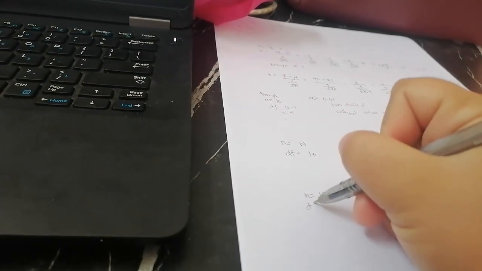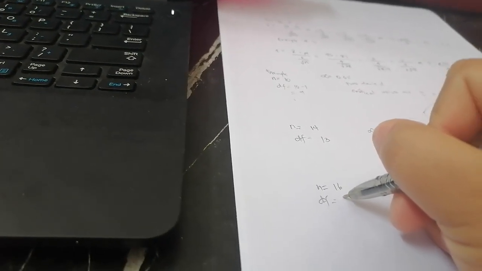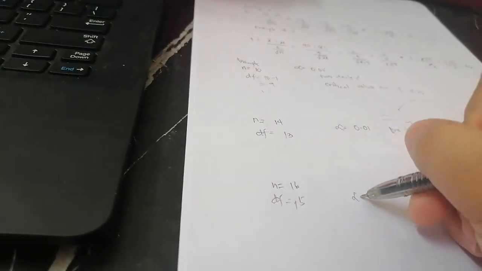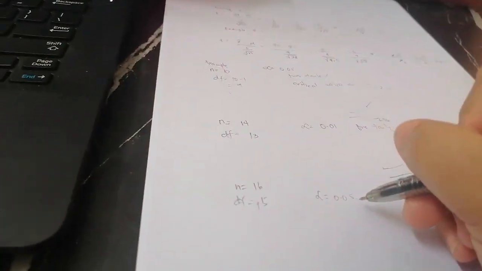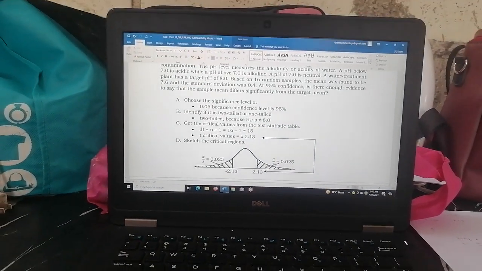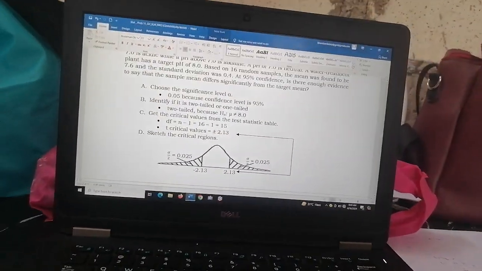So, if the sample size is 16, meaning the DF is equal to 15. Then the alpha is 0.05 because it is 95% confidence, and it is two-tailed. So based on the T distribution, we can find it in our T table. So let us look at the T table.